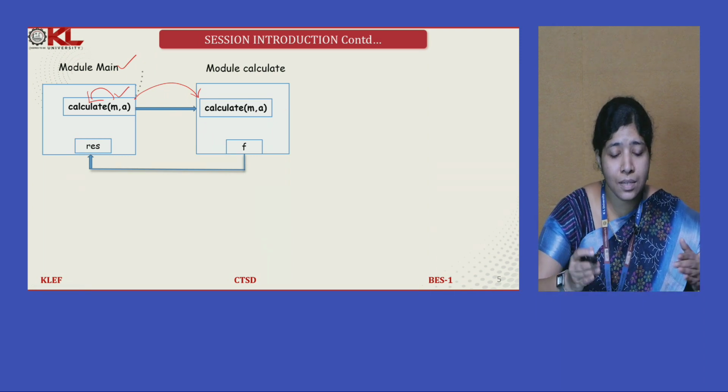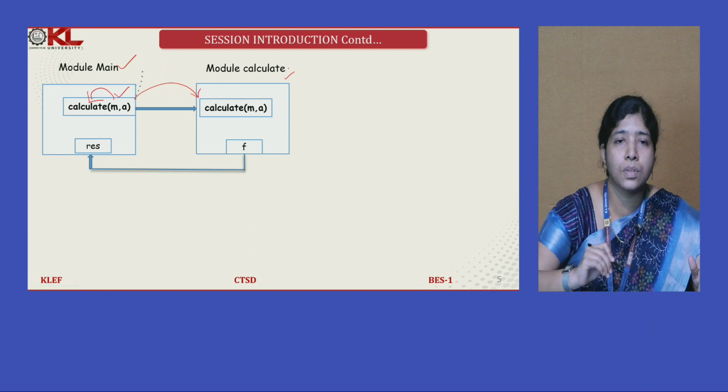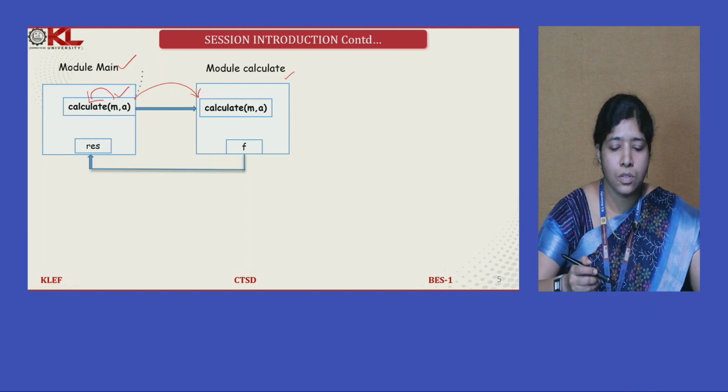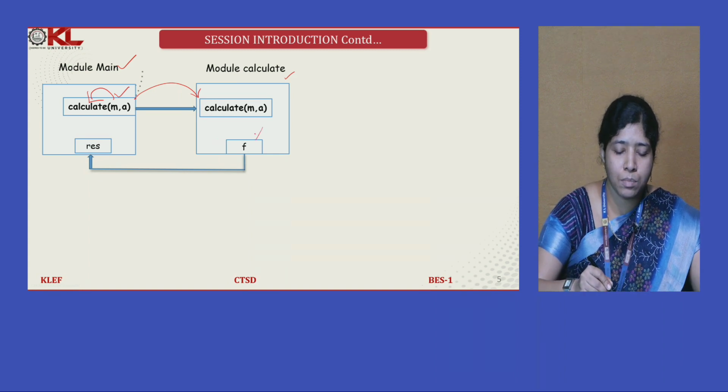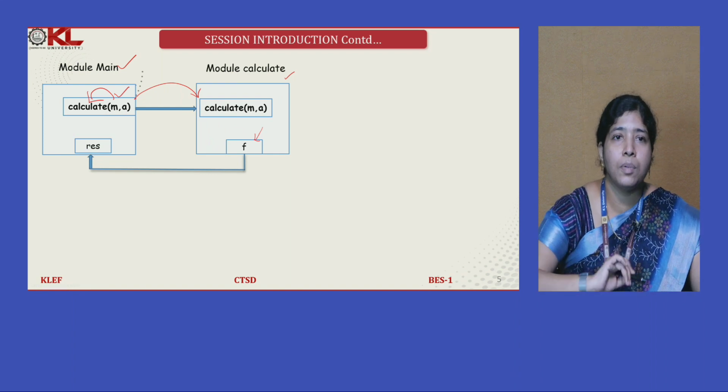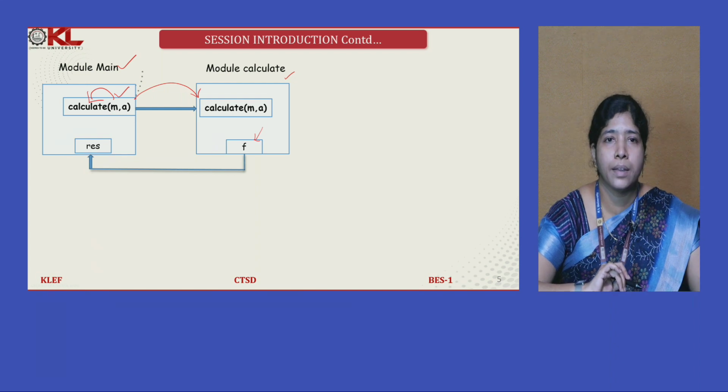Now what is this function name here? This is called the user function name. So when I send some data into the user function, it takes these values and performs the operation, and here I am storing it in a particular variable f. Now I am returning it back to the variable available in the main function, that is res. So this is an outline. We will see how this is being implemented.